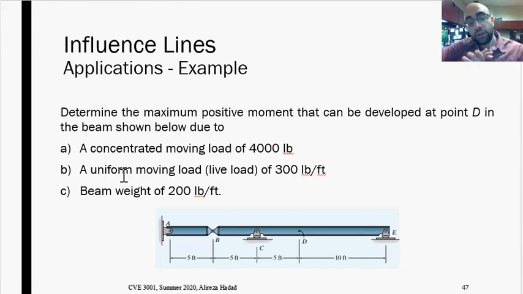In case C, we are talking about beam weight, which is dead load. When we are talking about dead load, it means that we don't have the freedom to distribute it in different regions. It is always distributed in the whole length of the beam because it is the weight of the beam. It is always there. As long as we have the beam there, the weight is being applied to the beam.